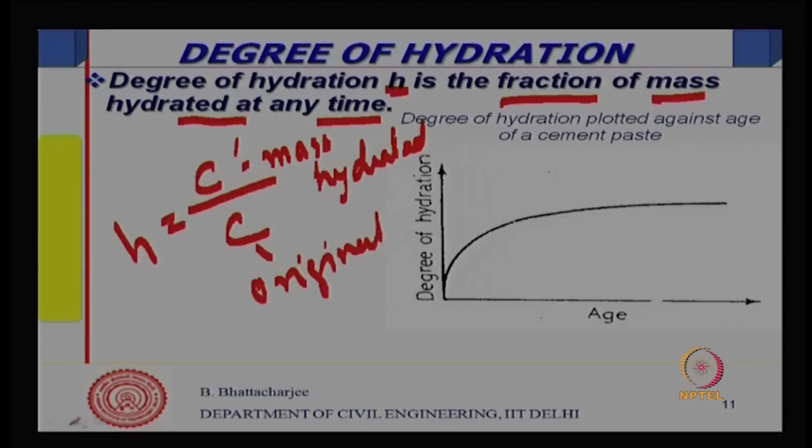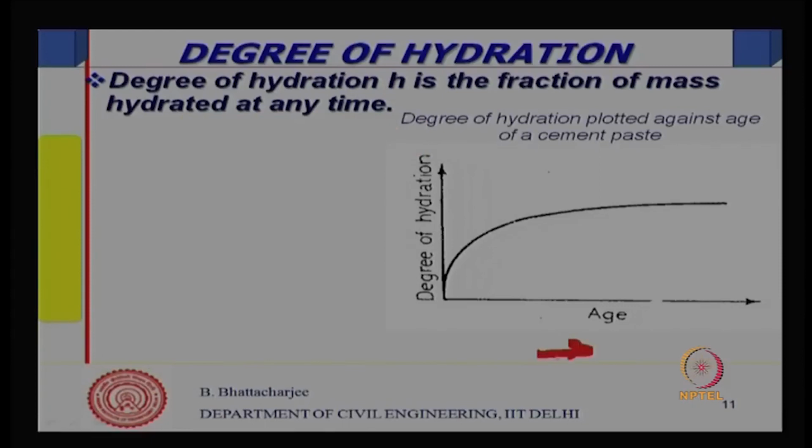Degree of hydration is expressed as a fraction of mass hydrated at any time, and this is a function of time. As you can see, with age, degree of hydration increases and then tends to become steady.